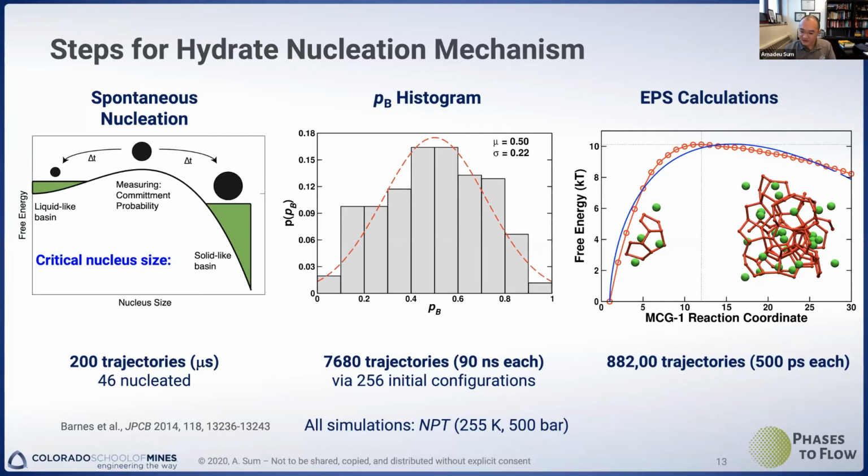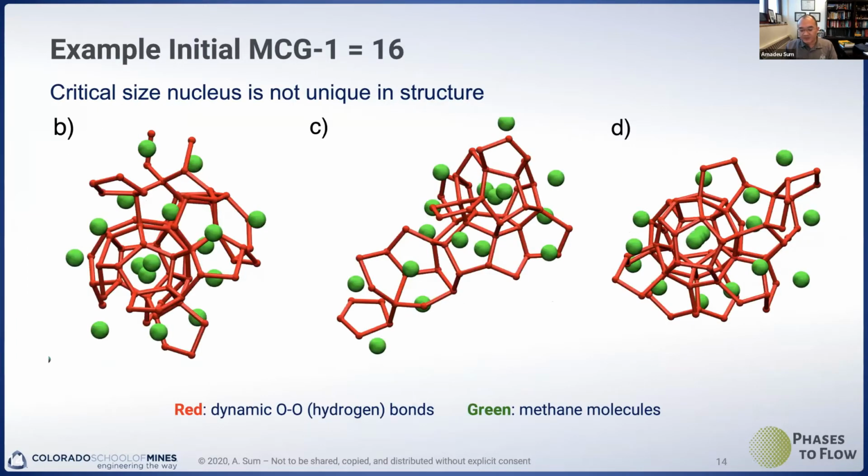Others have done this with slight variations, with different methodologies, more recently. And so I think there has been some significant progress here, not just in the methodology, but in our understanding of the hydrate nucleation mechanism. But I think most of the studies have been consistent, which is also good.